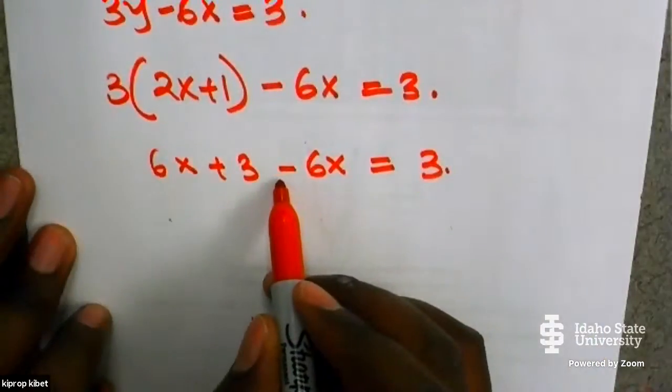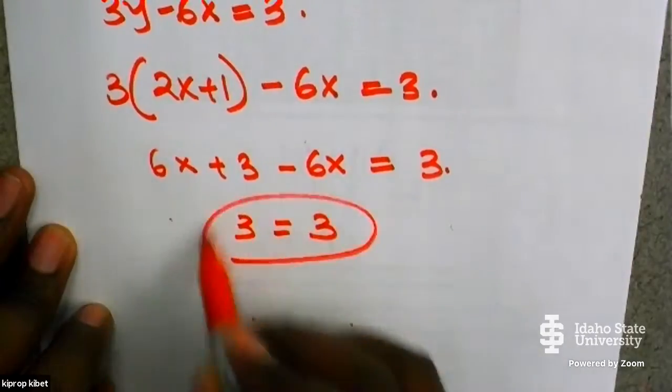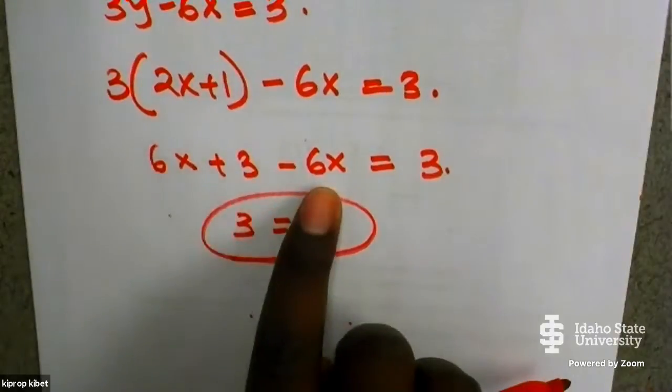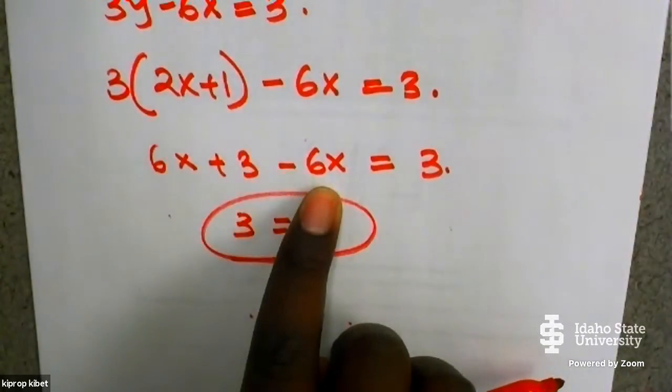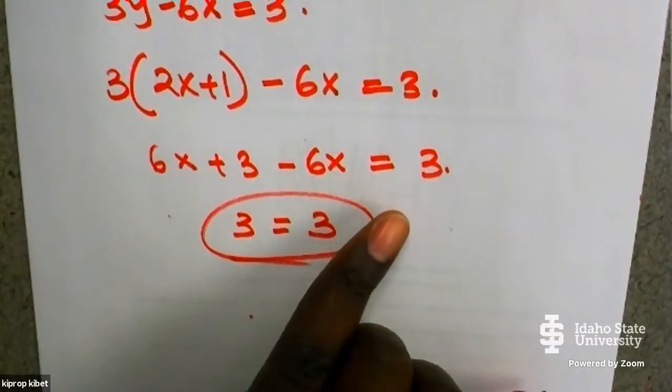So when you subtract that, you get 3 equals 3, right? How did you get 3 equals 3? 6x minus 6x is 0, and 0 plus 3 is 3.